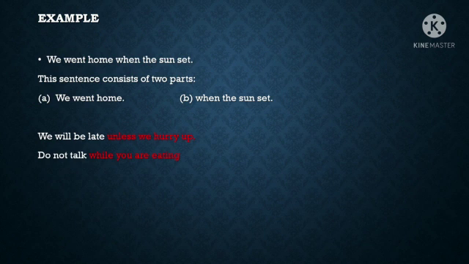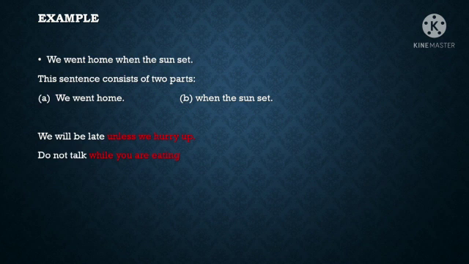It can stand alone and give a complete meaning of its own. Whereas the next clause, that is when the sun set, though it is a clause, doesn't give a complete meaning of its own because of the subordinating conjunction when present here.